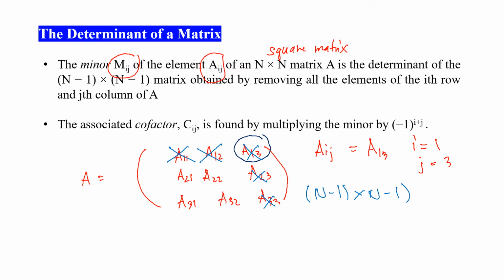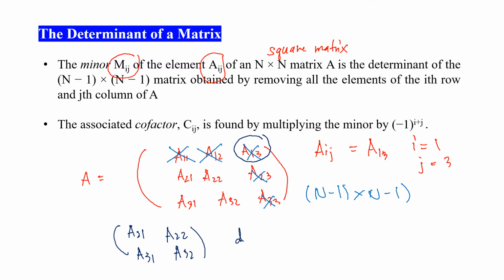We now just have this matrix here. Let me choose a different color. We now just have your matrix A21, A31, A22, and A32.